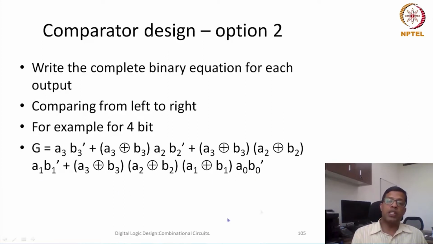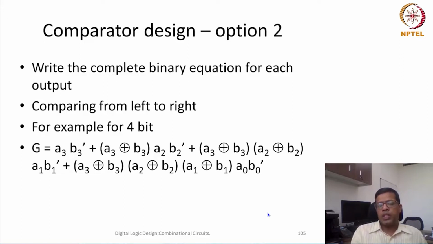So this essentially takes care of all the conditions, and this would be the binary expression or binary function for G. Similarly, we have to find out the binary function for less than as well as equal to.